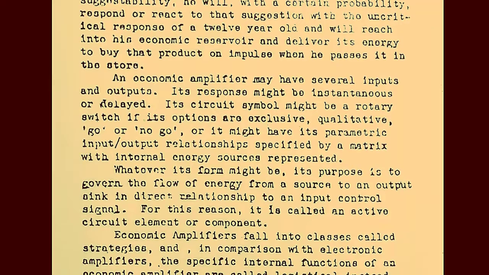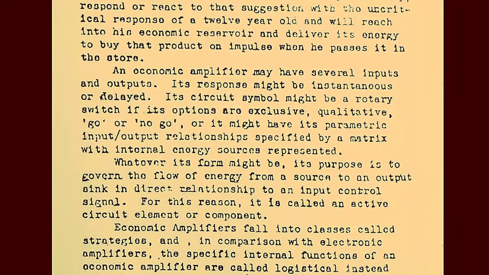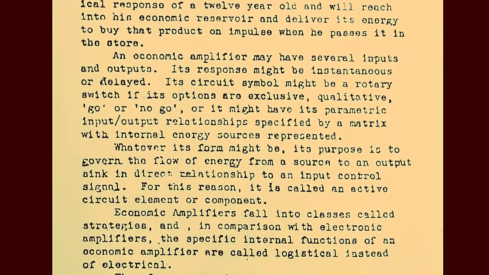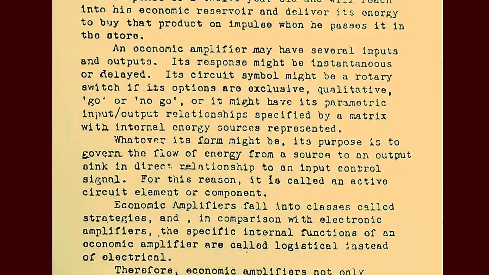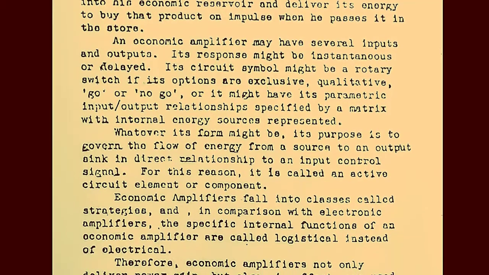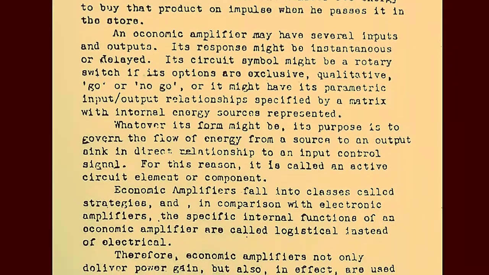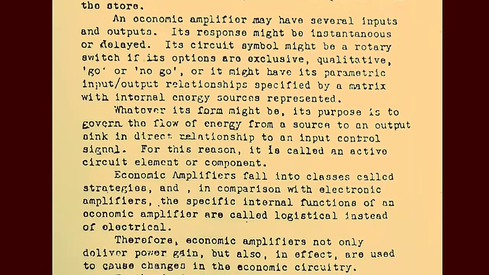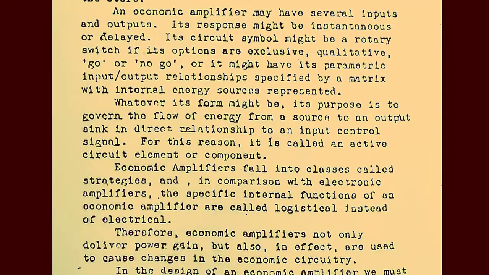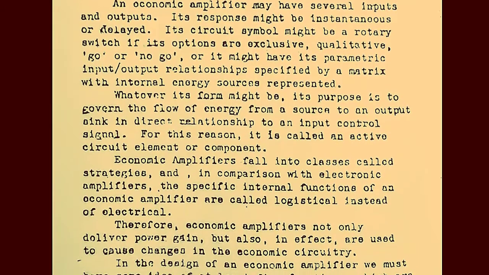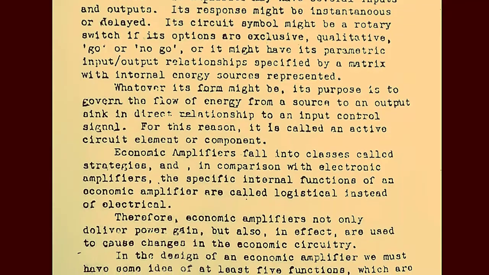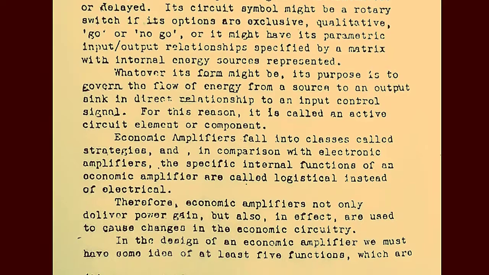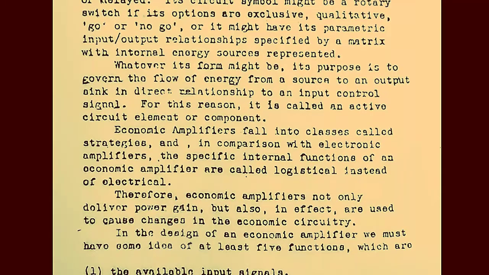Or it might have its parametric input-output relationships specified by a matrix with internal energy sources represented. Whatever its form might be, its purpose is to govern the flow of energy from a source to an output sink in direct relationship to an input control signal. For this reason, it is called an active circuit element or component.